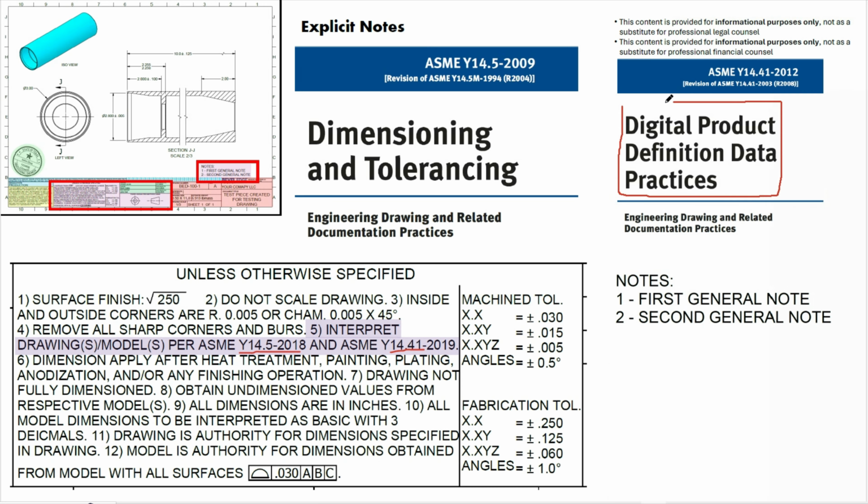And Y14.5 is for the dimensioning and tolerance scheme that you send out here. Now, these dimensions can be interpreted in a different way depending on which standard you follow. And you're telling them, look, this is the standard that I followed when I designed it, and you need to interpret it as such. And if you want to convert it into a different interpretation, know that this is the base truth. And this will set off the requirements for the rest of the notes that are coming up.